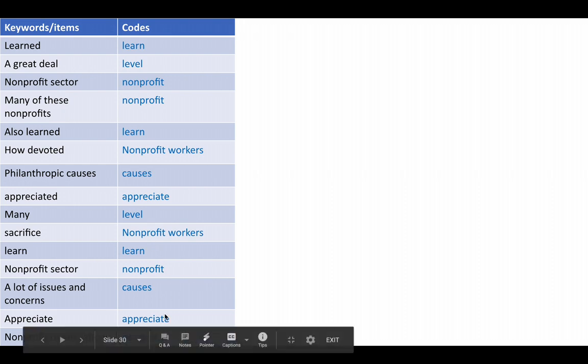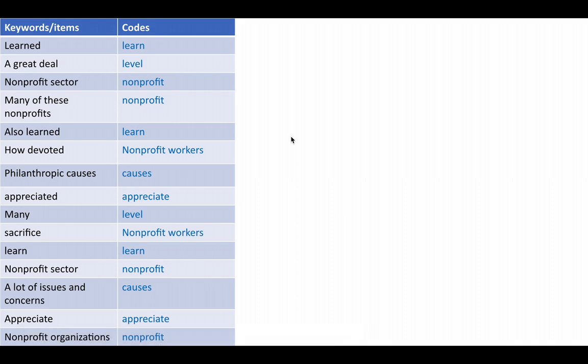As you can see, the other things, and so on. Now after all these codes, what you're going to do is group the similar codes or the same codes together. So for instance, the learn codes should be coded together.